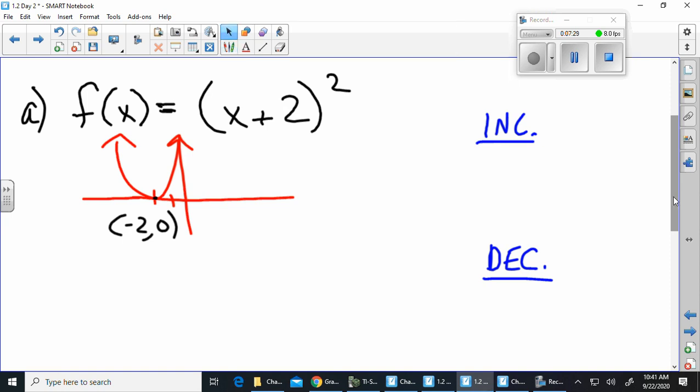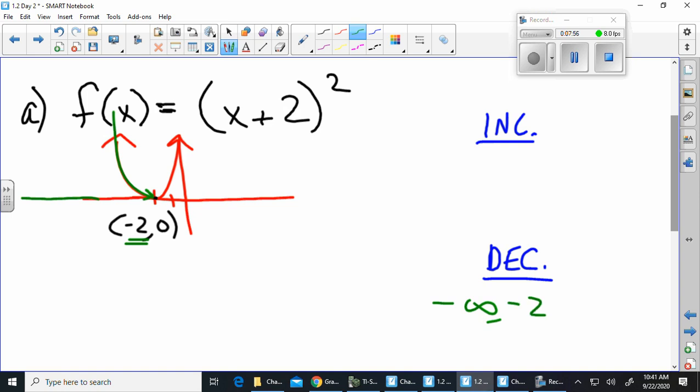You're always going to start with negative infinity because that's what's to the left. As you look left to right, your graph is going down. Don't look at the fact that there's an arrow pointing up. Left to right, my graph is going down. So it's decreasing from negative infinity to negative 2.